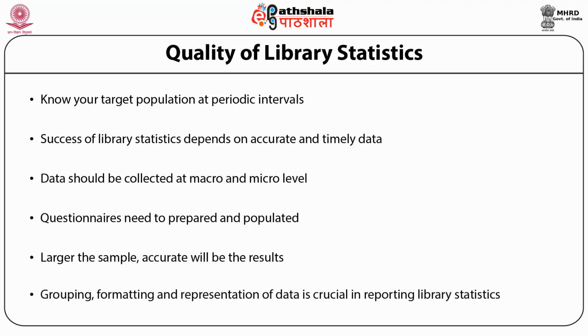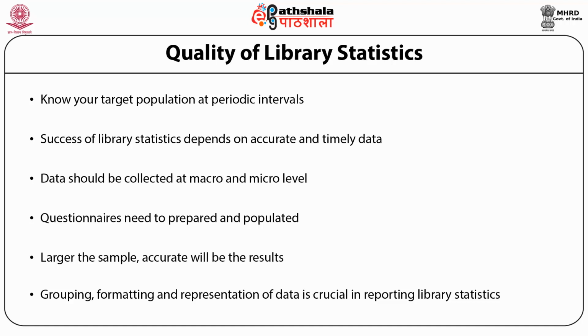Grouping, formatting and representation of data is crucial in reporting library statistics. This means when you are putting in circulation data, all data like book usage, number of books issued, number of books returned, time taken to issue one book, and time taken for one book to be processed and put on the shelf, how much time you took for shelving the books.